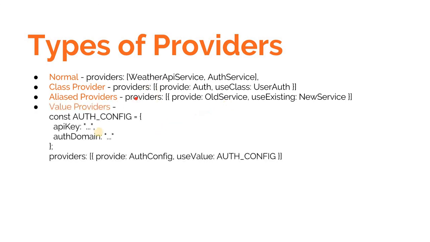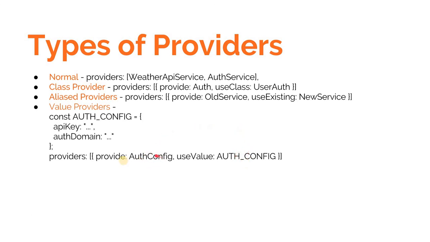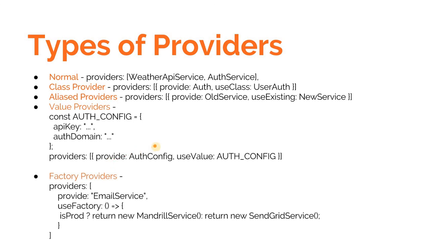Then we have value providers as well, so we can essentially create a constant, okay, and then use the useValue key right here to provide that particular thing as a token that we specify by the provide key right here. Okay, and then finally we also have a factory provider.